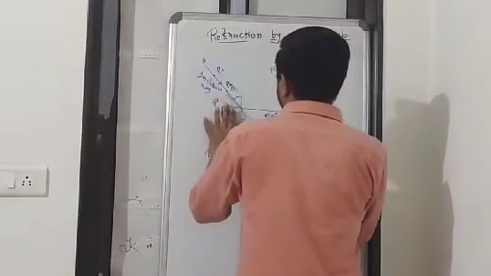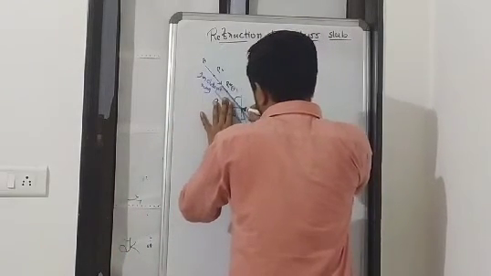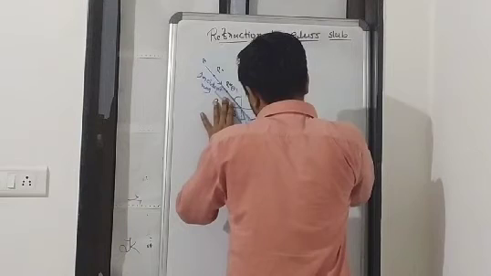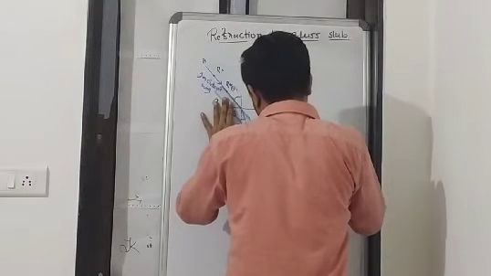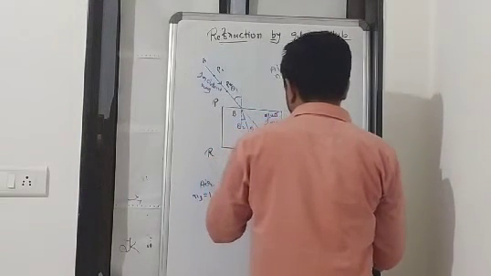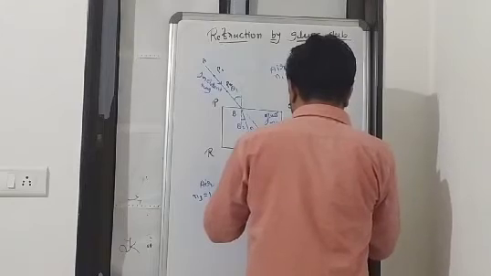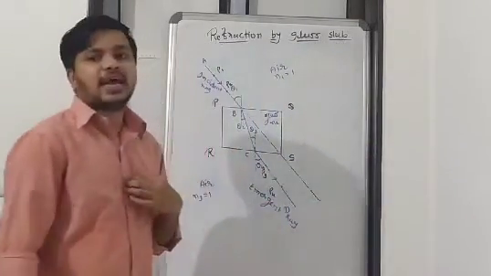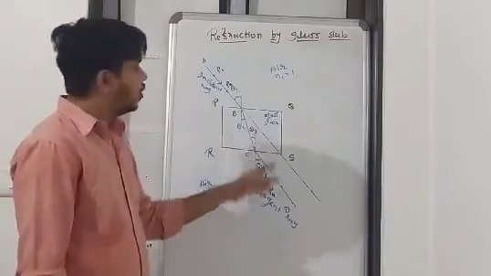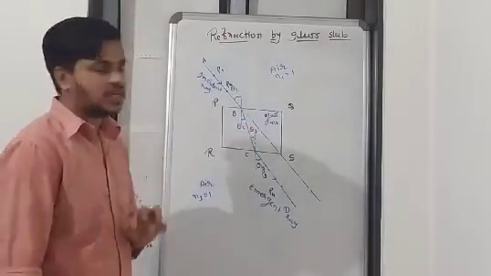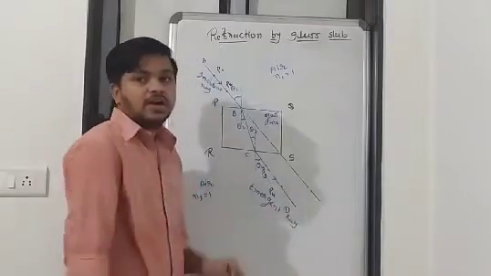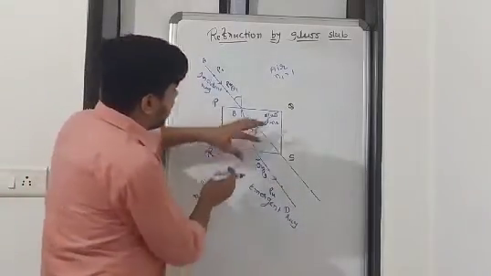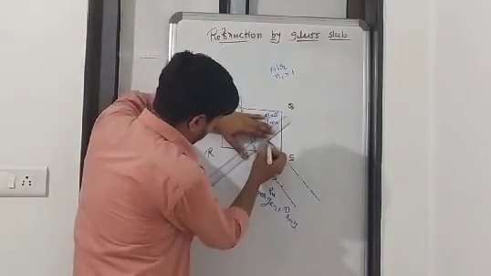The most important thing is that if there is no glass slab, then here is the direction of the ray, in which the ray would move. But due to the slab, refraction occurs, and you get an emergent ray which is slightly displaced from its original path.